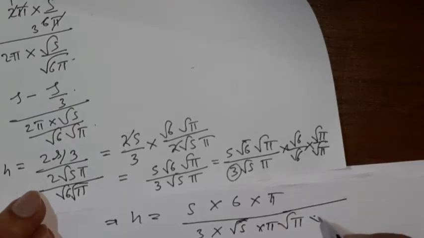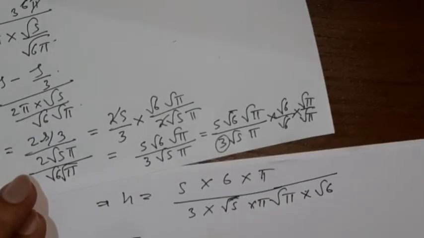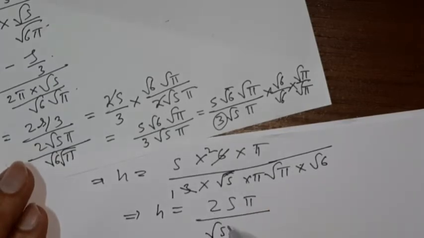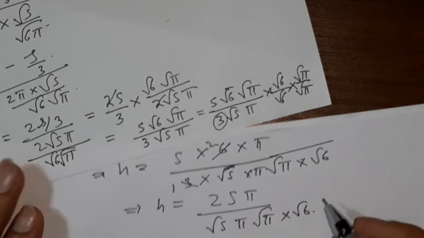Okay, also root 6 is there. So what you are getting? h is equal to 3 1s are 3, 3 2s are 6. Okay, so 2s pi divided by root s. Then again pi root pi divided by root 6.